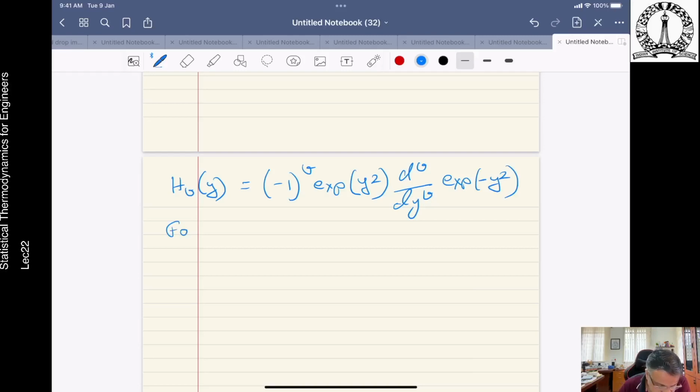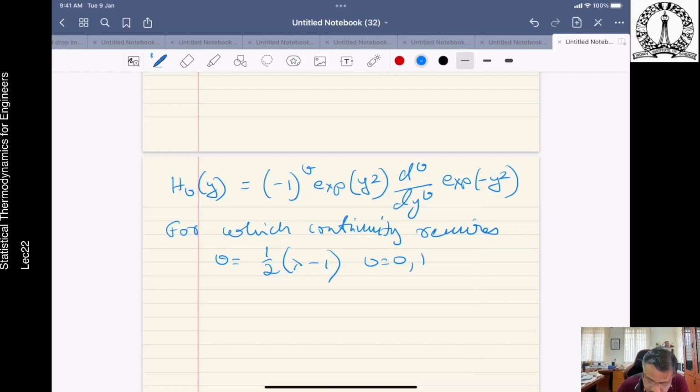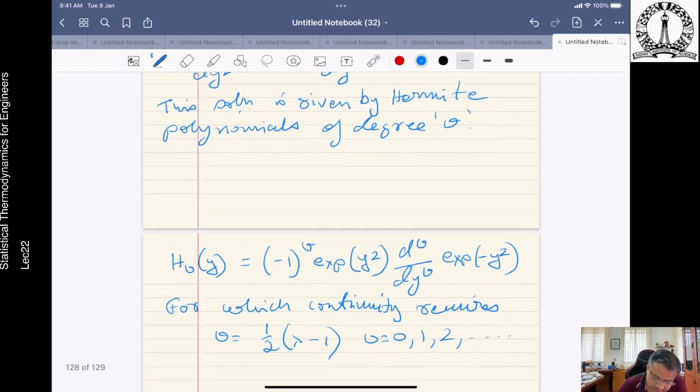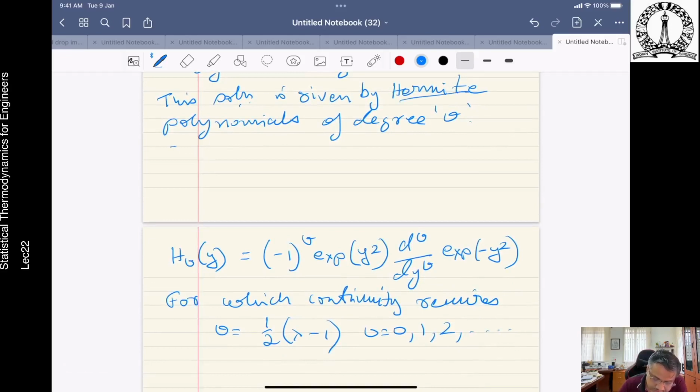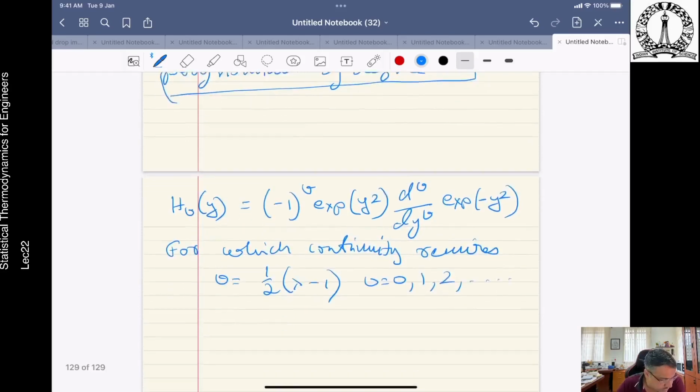For continuity, we require v equal to half lambda minus 1, with v equal to 0, 1, 2, and so on. So this is called the Hermite polynomials of degree v.